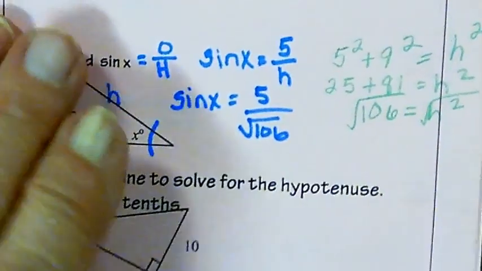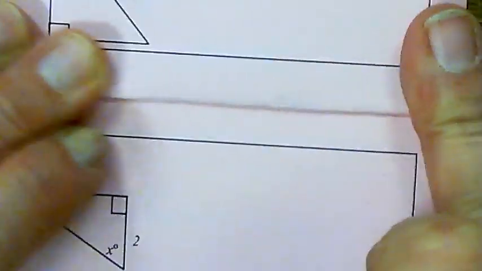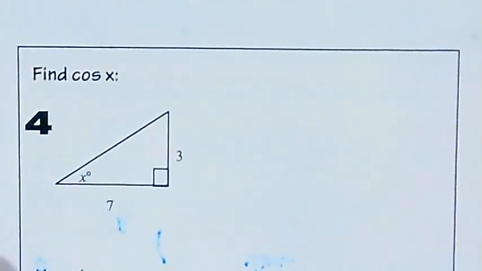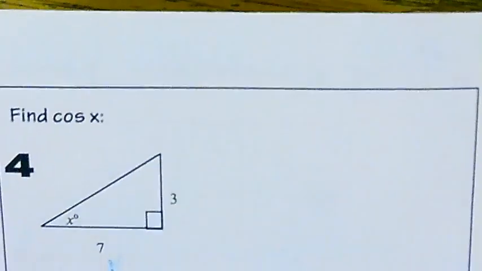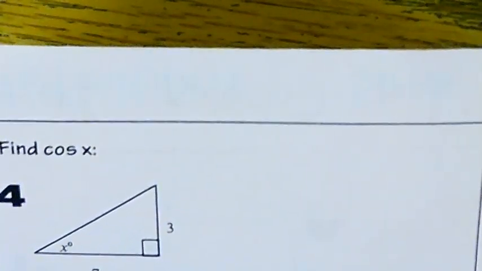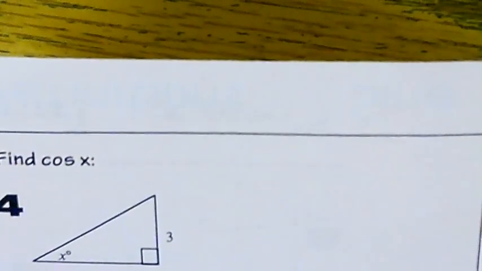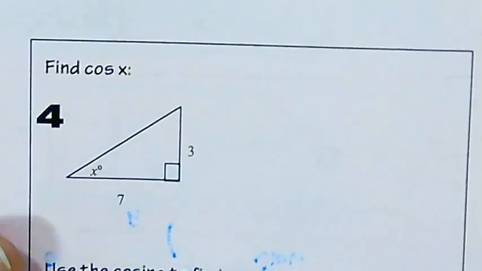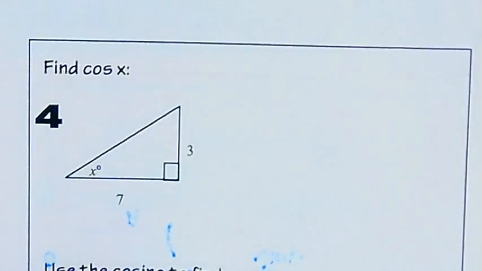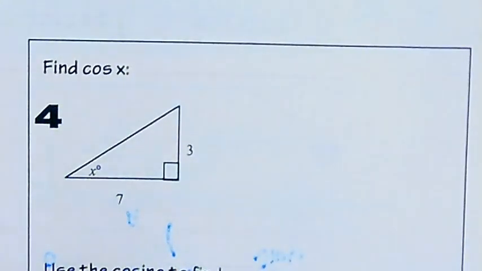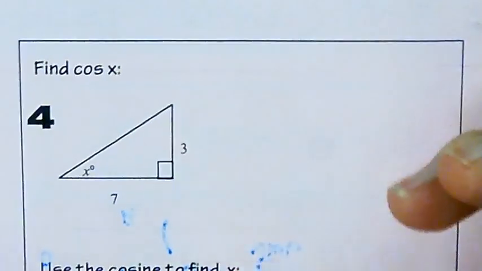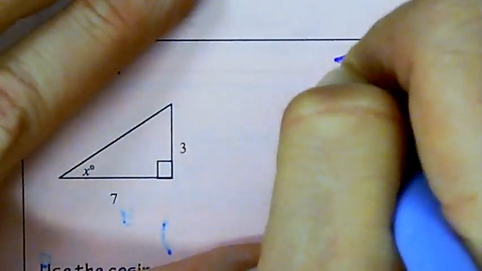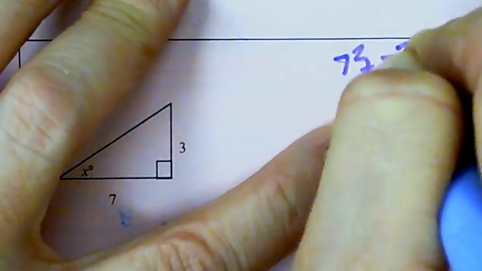Let's flip to the cosine and tangent page. And look at example 4. So we're missing the value for the hypotenuse again. So let's go find that first. Let's find the value of the hypotenuse, because I know I'm going to need it. So it's 7 squared plus 3 squared equals h squared.